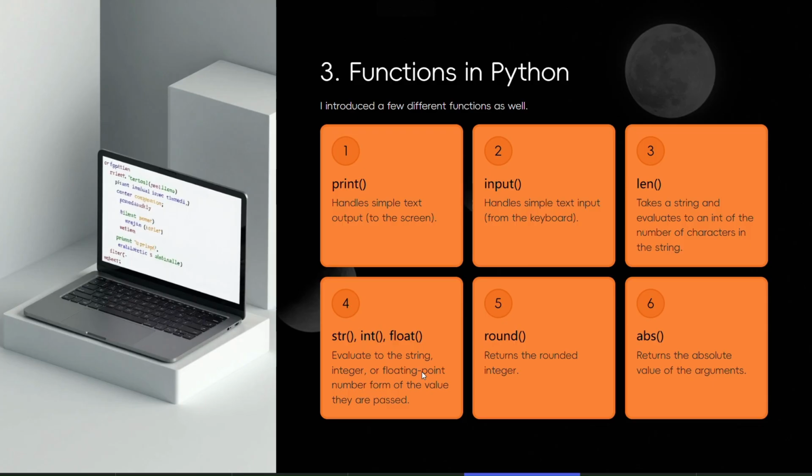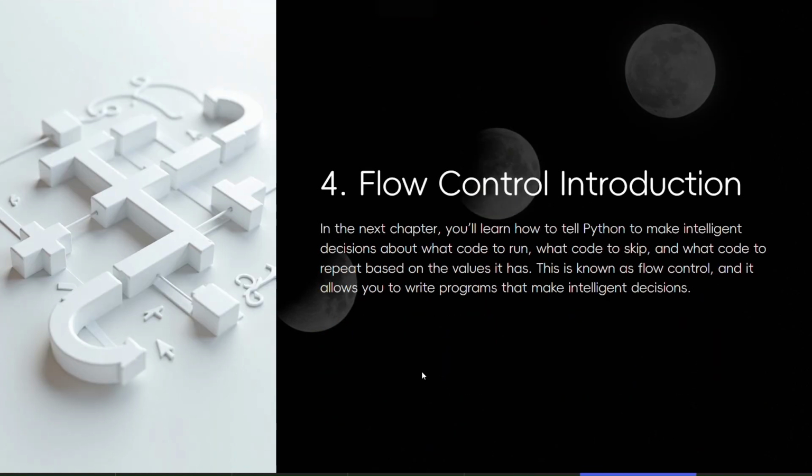So if there is a plus or minus sign inside the brackets, it will ignore it and give you the absolute value. These are the basic functions I discussed here, and in the next video I'll take a few examples and demonstrate how all these things work.